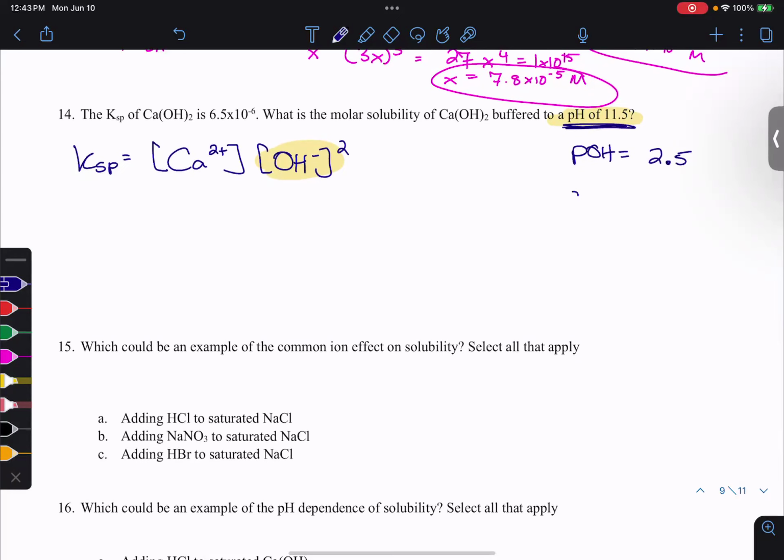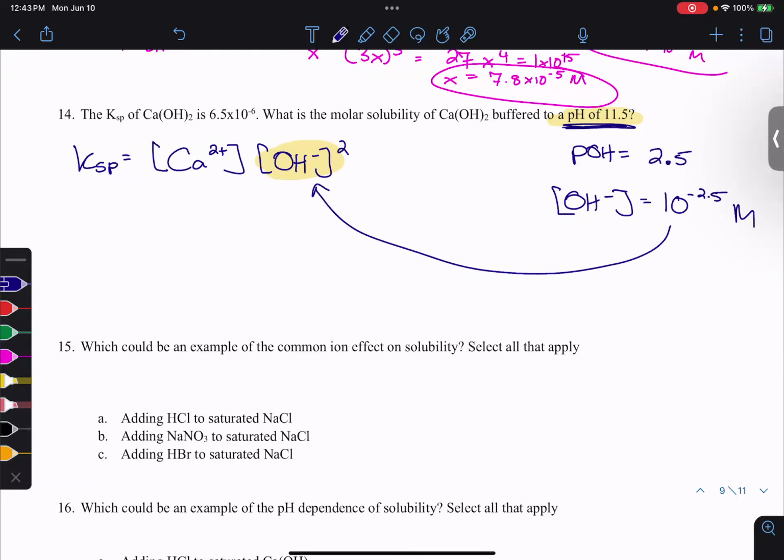So that means that the hydroxide concentration at equilibrium in that KSP expression is equal to 10 to the negative 2.5 molarity, whatever that is. So I am telling you how much hydroxide there is already. So you need to tell me how much calcium, what's the maximum amount of calcium I can add to then equal the KSP that's given. So notice that I give you KSP, I give you hydroxide via the pH. So you just solve for how much calcium do I need.